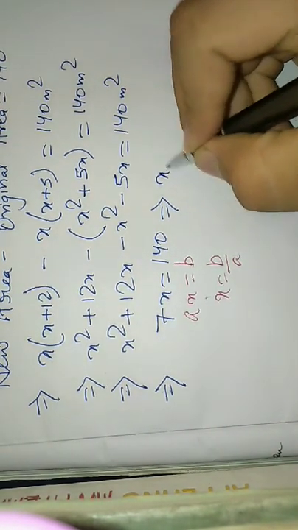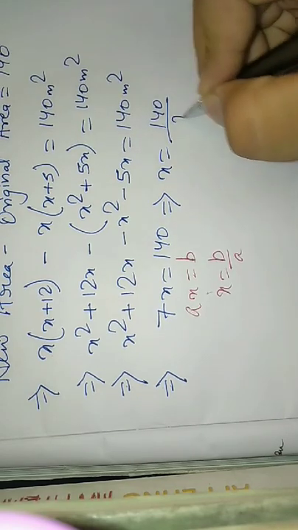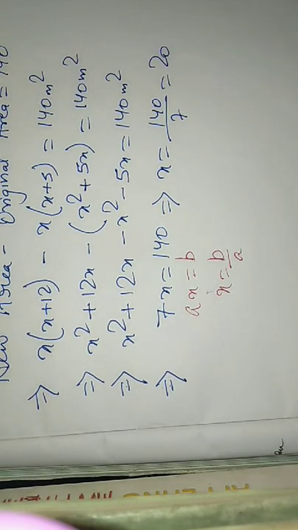What is b? 140. What is a? 7. x is equal to 20.